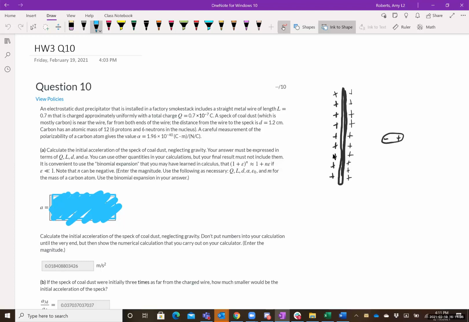Actually, could I ask a question? Yes, please. I was wondering, how do you know that the negative and that positive charge are equal in magnitude? You were asking about the acceleration, why one accelerates but the other one doesn't.